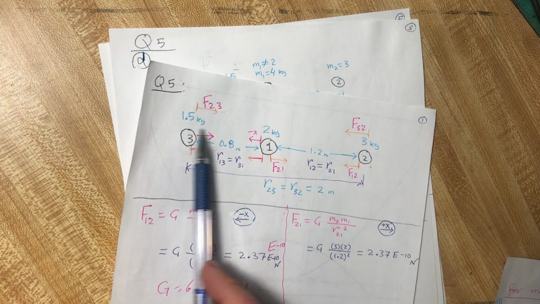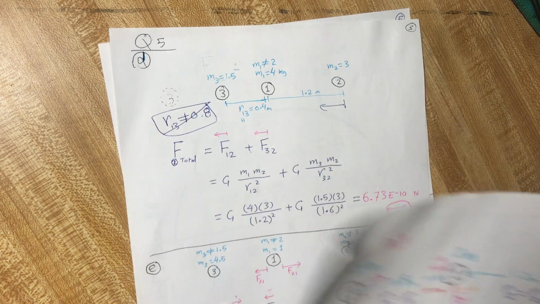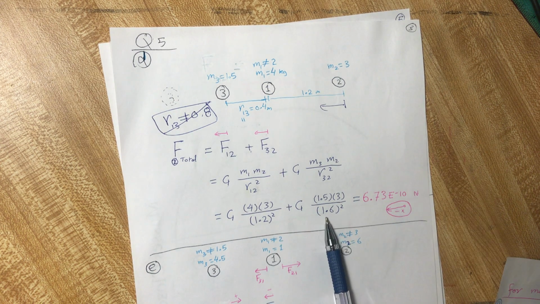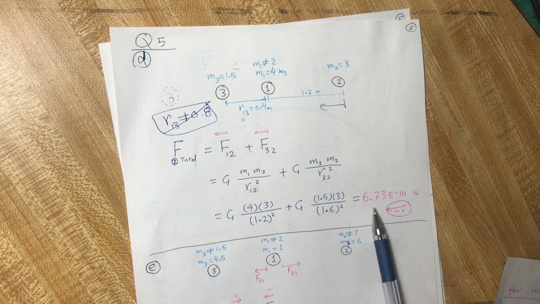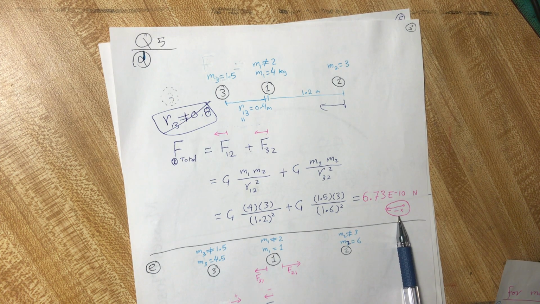Now this object comes to this place, 0.4. Then the distance between the third and the second object is 1.6 now. A new distance squared. And the total force in this case is equal to 6.3 multiplied by 10 to the minus 10 newtons to the negative x direction.